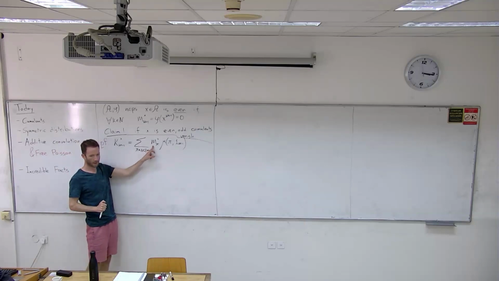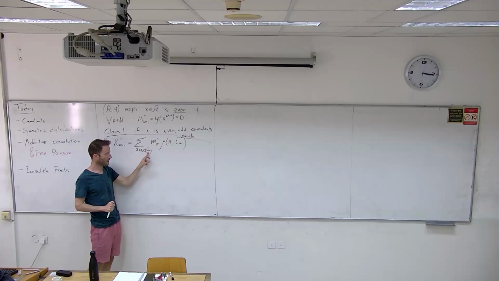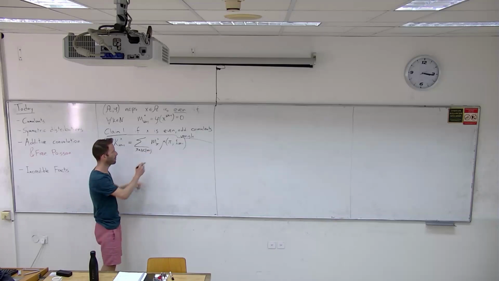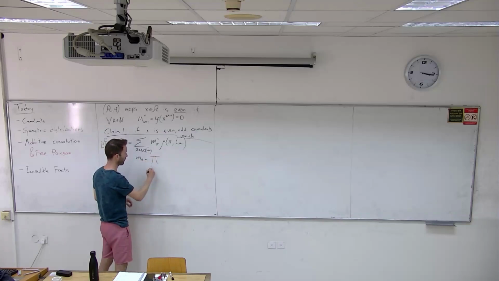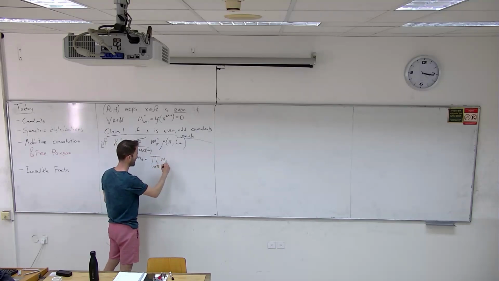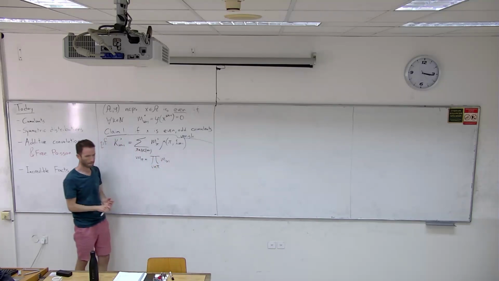If I have a partition of an odd number of elements, at least one of the parts will be odd as well. Okay, so m_pi equals the product over all the parts in pi of m of the size of the part.